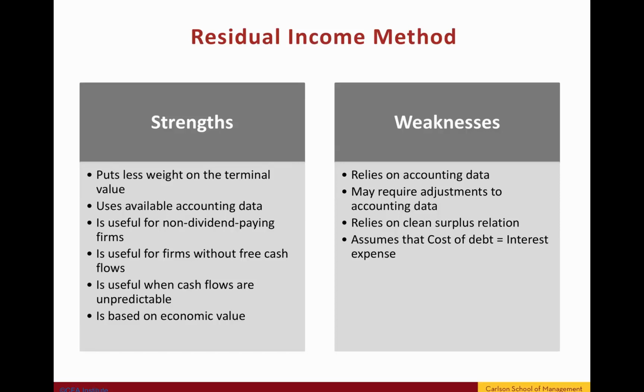But this can also be a weakness to the method because, as we know, GAAP accounting doesn't always reflect the economics of a firm. For example, if you look at a company like Amazon, Amazon has low book earnings because they're investing heavily in different infrastructure for the company today. They're investing heavily in warehouses and servers in order to grow their Amazon Prime and their Amazon Web Services.